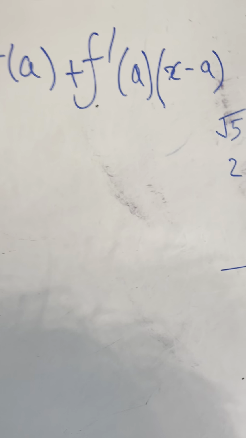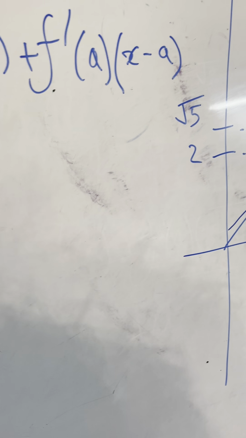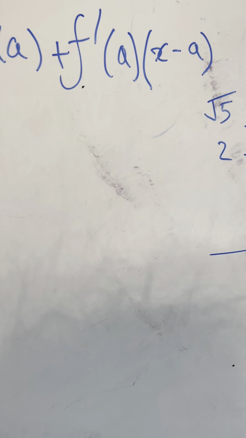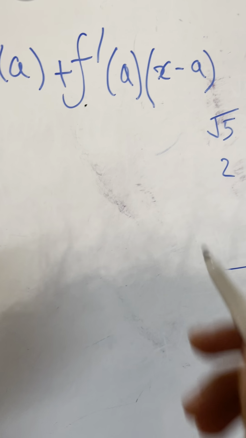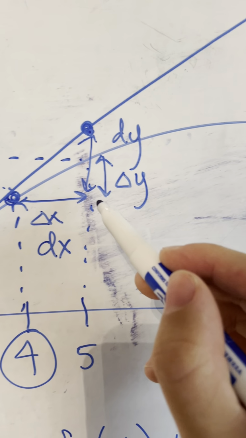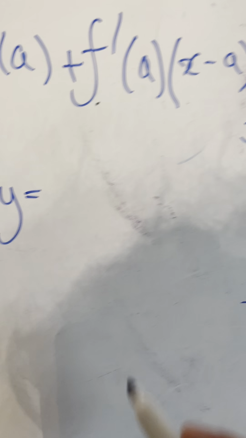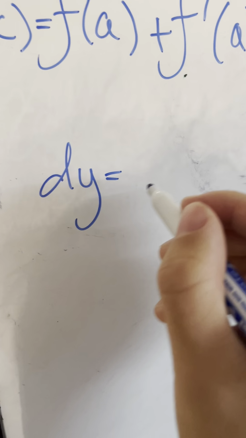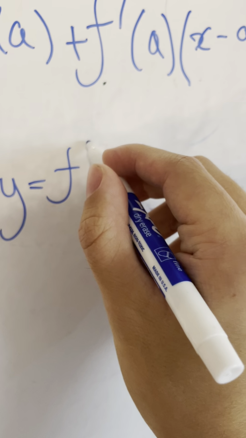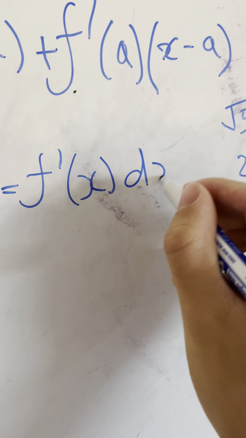Now, some questions will ask you, what is the rate of change of y as per the physics web work? We actually already solved for that. We know that dy, which is the change from the original y to the new y point according to the linear approximation, is just equal to f prime of x dx.